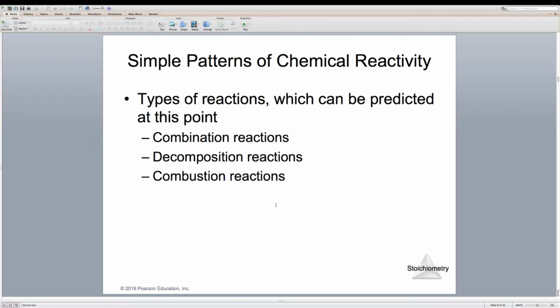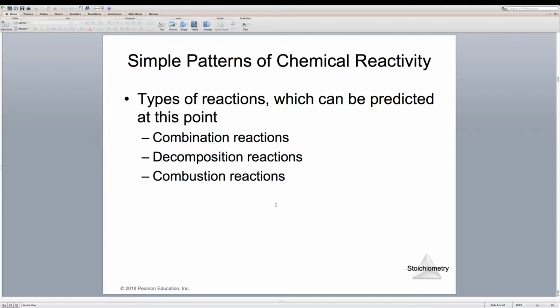So there are types of reactions that we're going to see pretty consistently amongst all chemistry, and they fall into a couple different buckets, if you will.